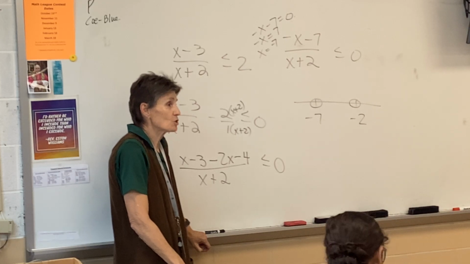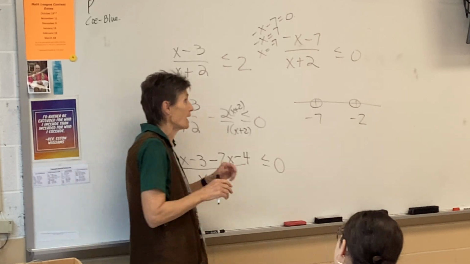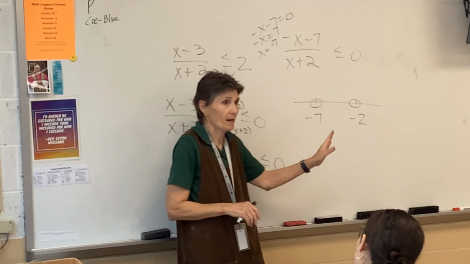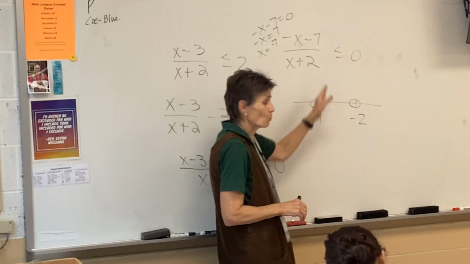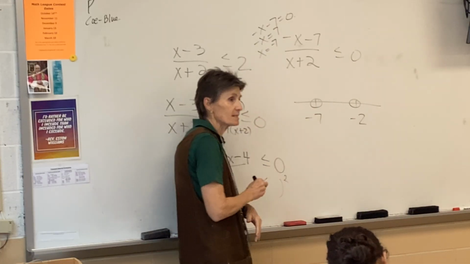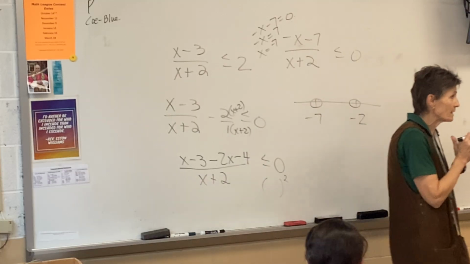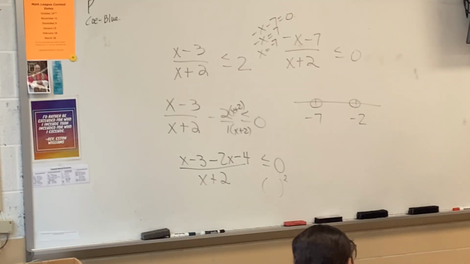You can use the shortcut, and by the shortcut I mean when you have 2 distinct dots on the number line, and there's no squares, you don't have anything like that in the problem, then you're always going to shade either between them or outside of them.